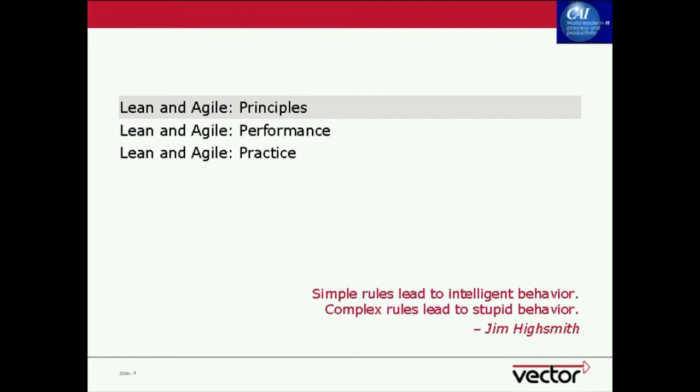So the logic here is that simple rules will have the stimulus to people to think. If processes, if rules, if environments are overly complex, and that holds as well for code as architecture, as process, it will lead to stupid behavior of just following and not anymore thinking whether it's applicable or not. And that's something to keep in mind here.